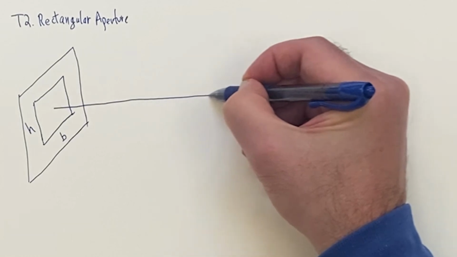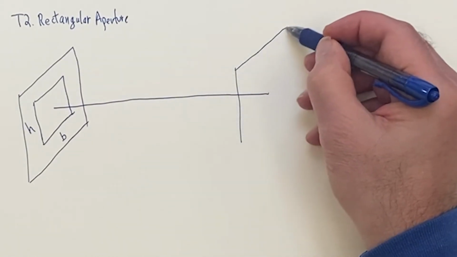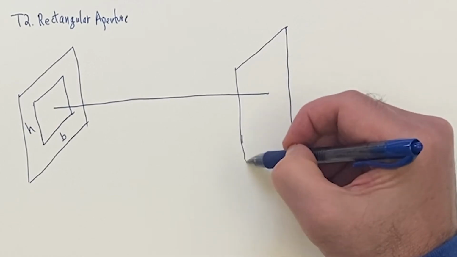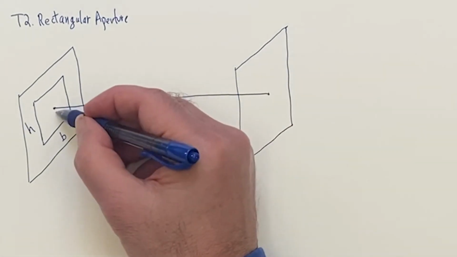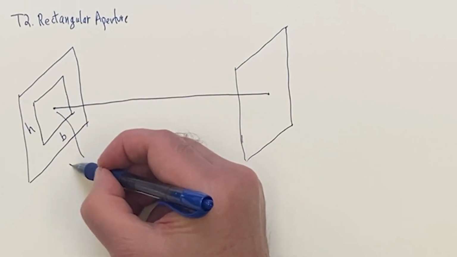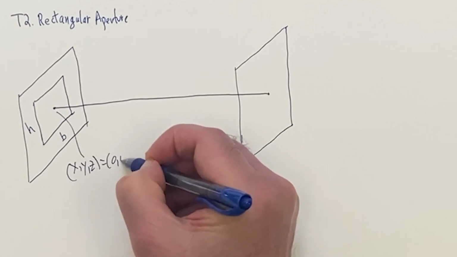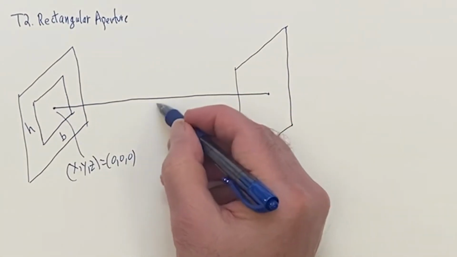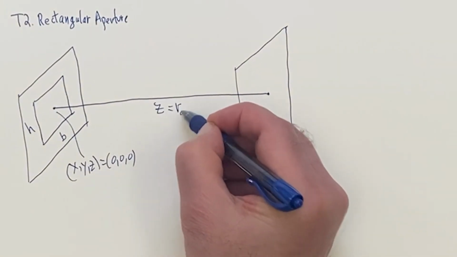And we're going to go way over here to a screen. Let's call this point here x, y, z equals 0, 0, 0. And this is z away over there. We also call that r naught.